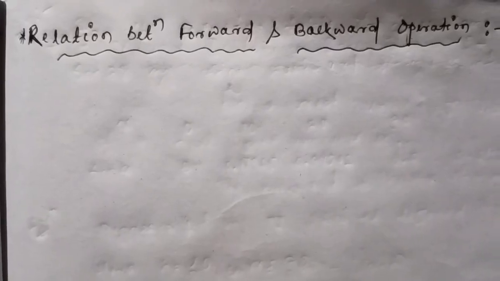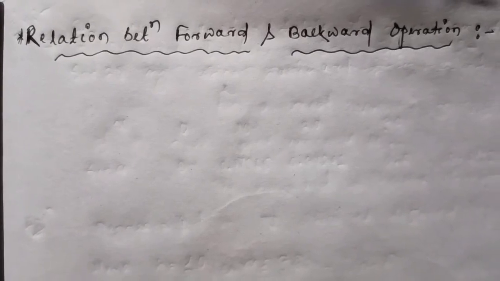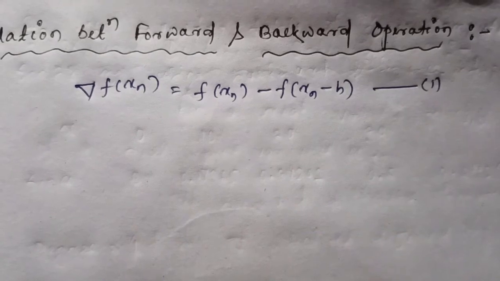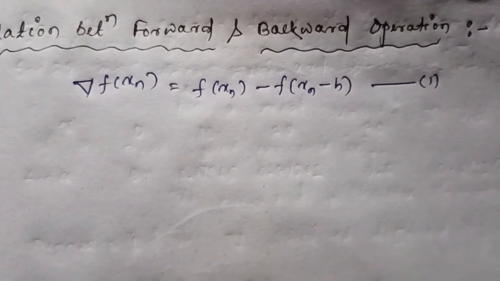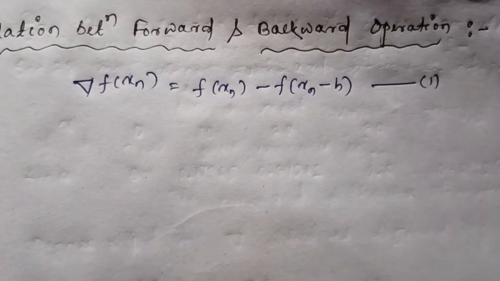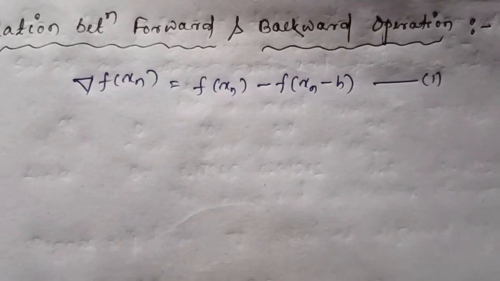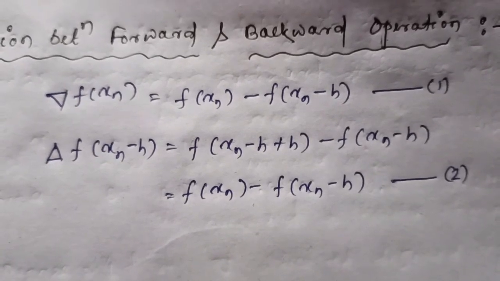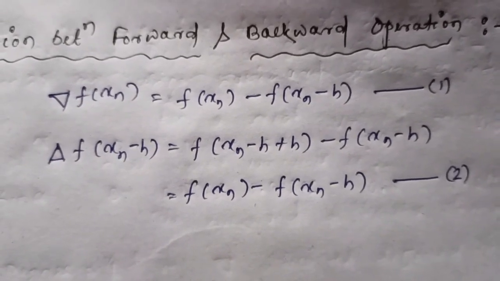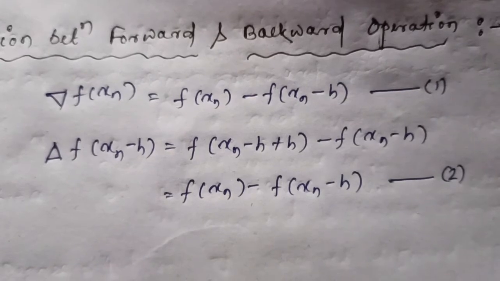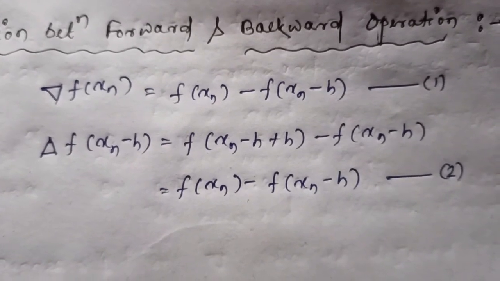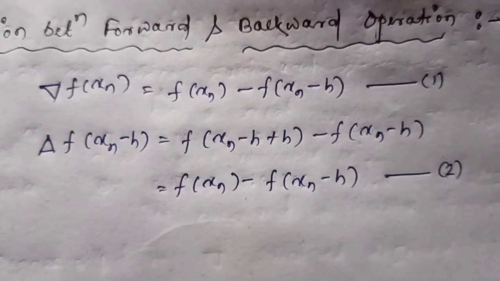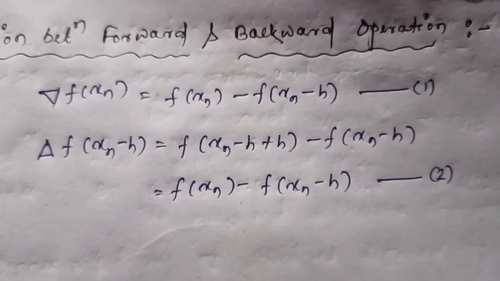Next we will see the relation between forward and backward operation. In backward operation, nabla f of xn is equals to f of xn minus f of xn minus h. This is equation number 1. Then in forward operation, delta f of xn minus h is equals to f of xn minus h plus h minus f of xn minus h, that is equals to f of xn minus f of xn minus h.